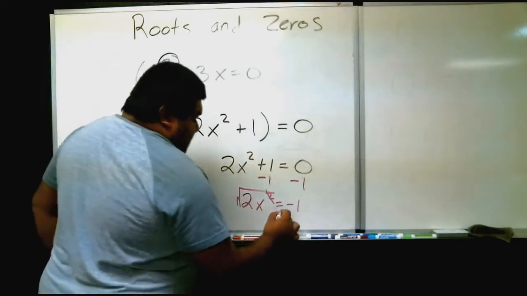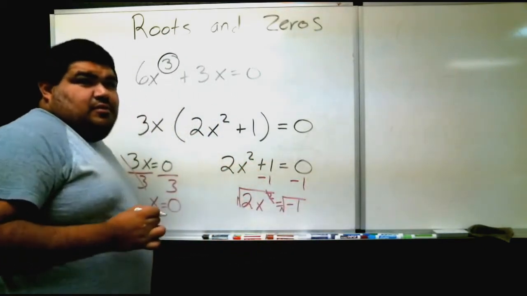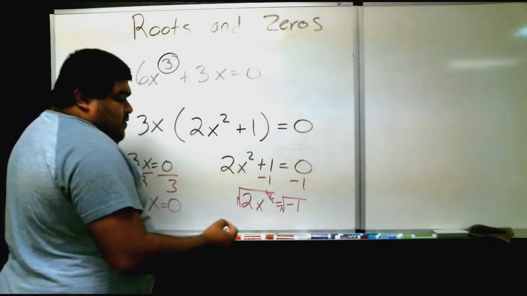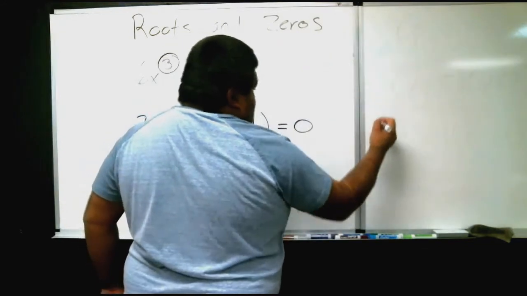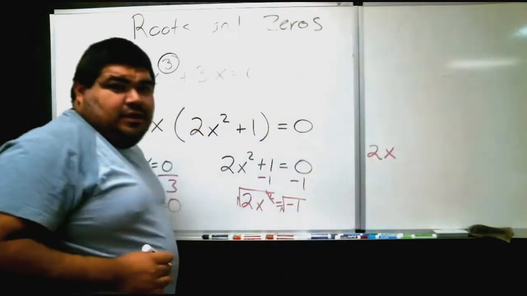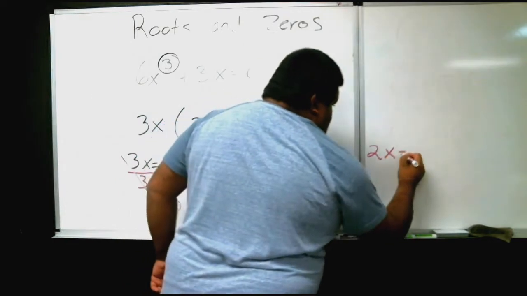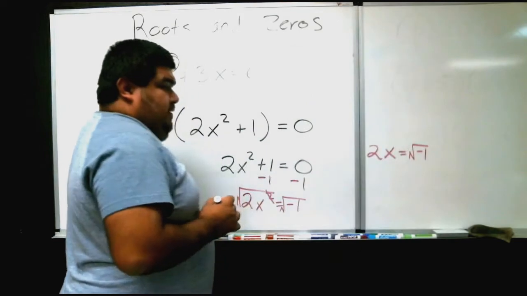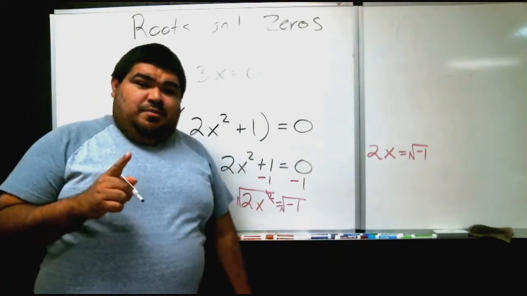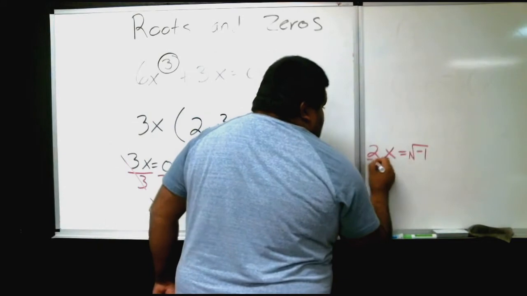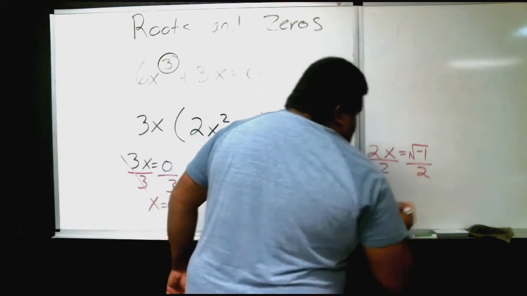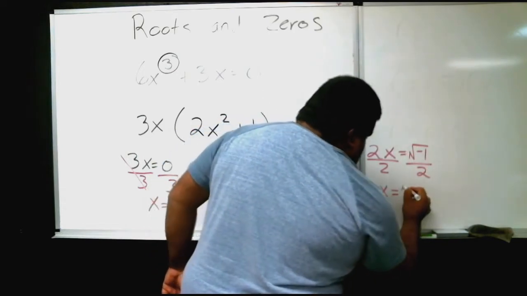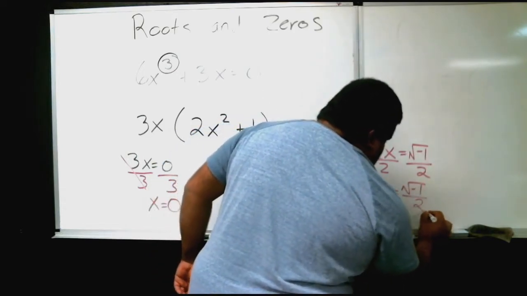Whatever you do to one side, you have to do to the other. Now that we have gotten rid of the square, we're left with 2x equals the radical of negative 1. Then we divide by 2. We're left with x equals the radical of negative 1 over 2.